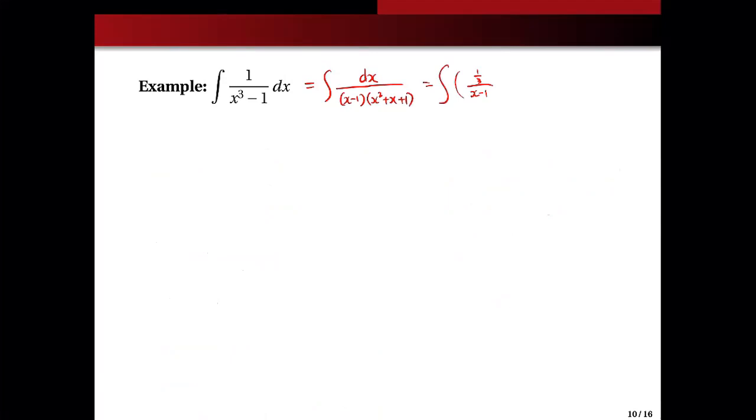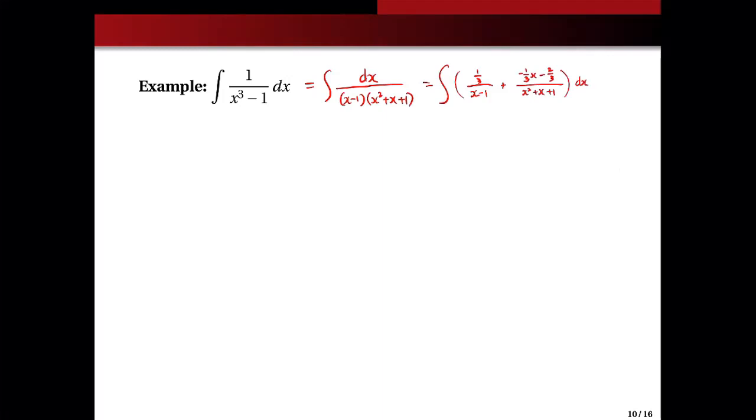And then plus negative 1/3 x minus 2/3 over x squared plus x plus 1, and then you have the dx.